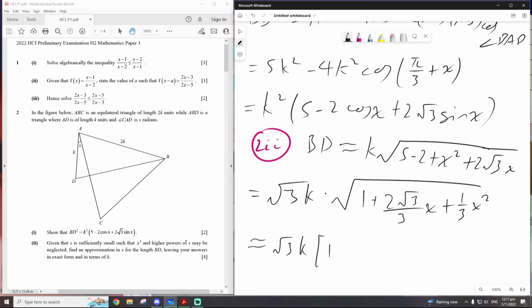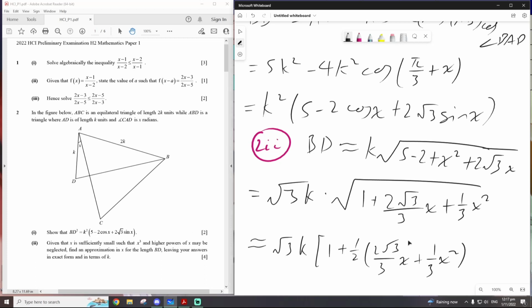So we start with the 1. And then the first binomial coefficient, n is half, times negative half divided by, oh wait, no, it's half first. Just take the half first. Plus half. Okay. Then this is where we get the 2 root 3 divided by 3x plus 1 over 3x squared. Okay.